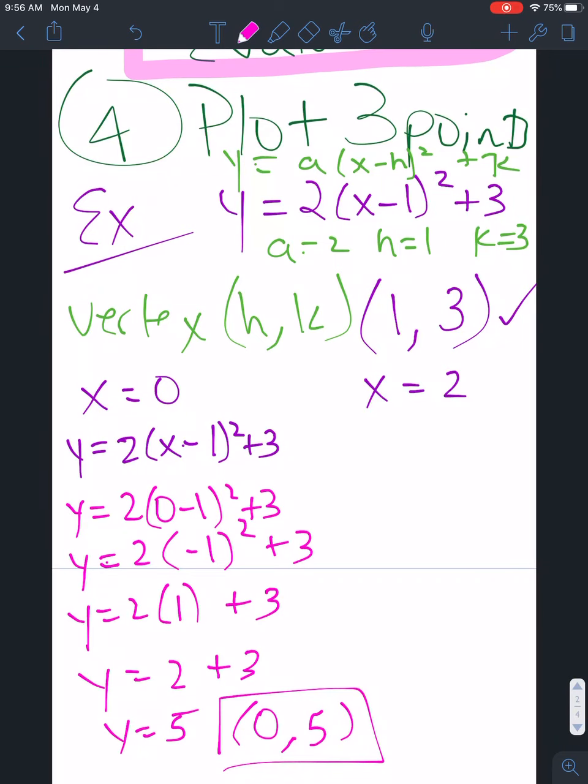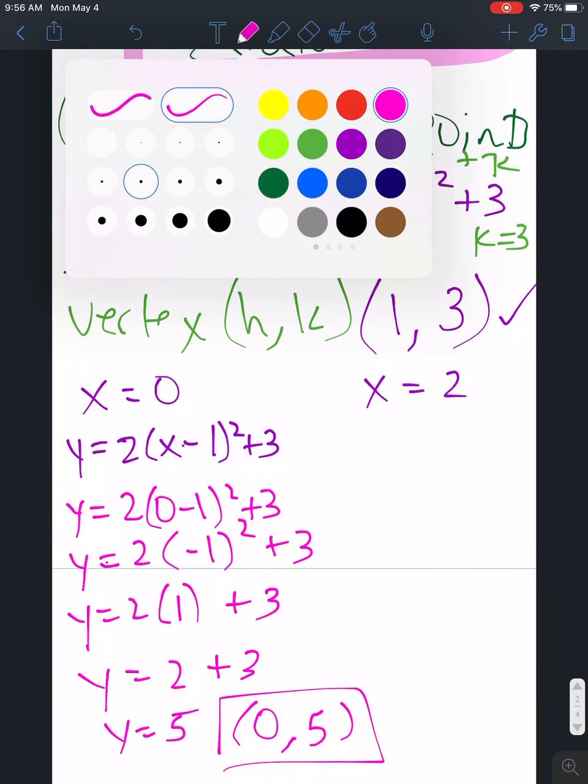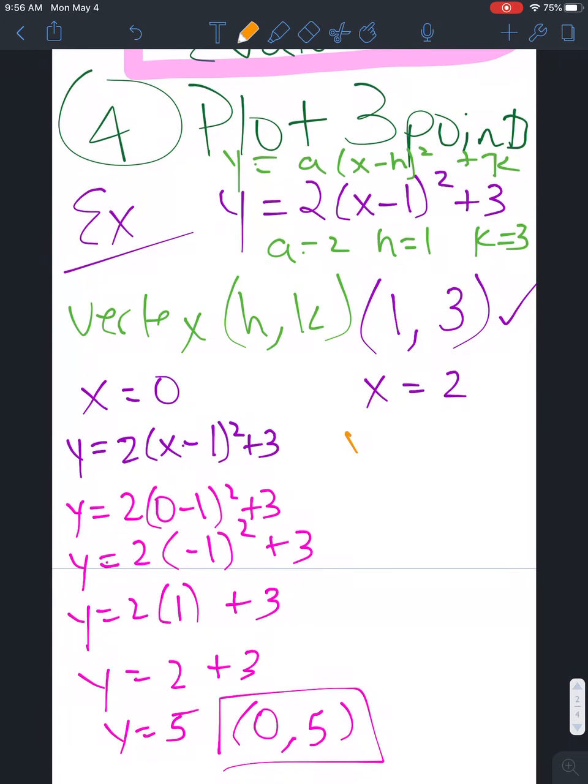All right. Now let's go ahead and plug in x equals 2. So I have y equals 2 times (2 minus 1) squared plus 3. All right. 2 minus 1 is just 1, squared, plus 3. 1 squared is 1, and 2 times 1 is 2.